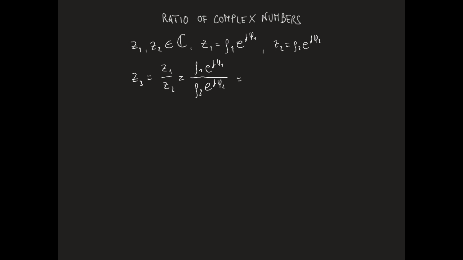This is equal to rho 1 over rho 2 times the exponential of j phi 1 minus phi 2.